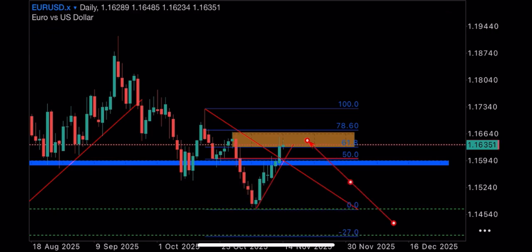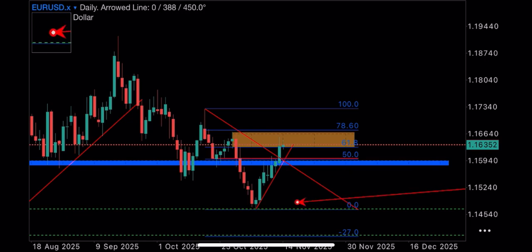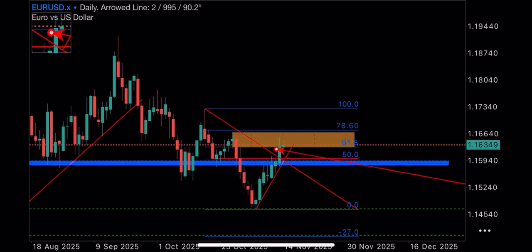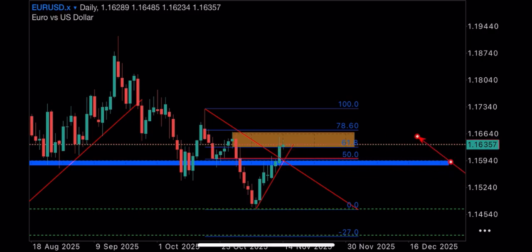So now, how are we going to enter this trade? We have seen that price has formed kind of a trend and has broken the liquidity zone. We need a body candle close above the liquidity zone, breaking it, and we have it right there on the daily time frame.